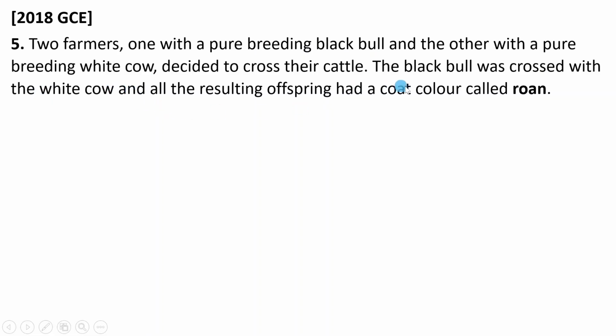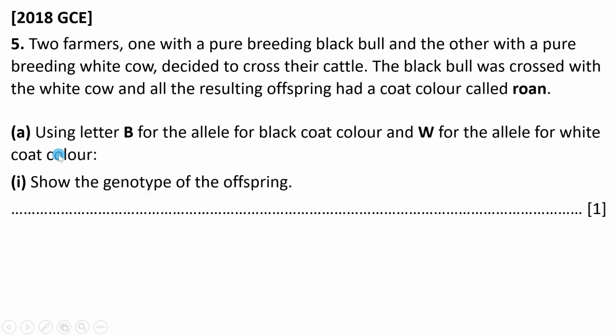Now it was discovered that all the resulting offspring had a coat color called roan. Now the question is: using letter B for the allele for black coat color and capital W for the allele for the white coat color, Roman numeral 1, show the genotype of the offspring.